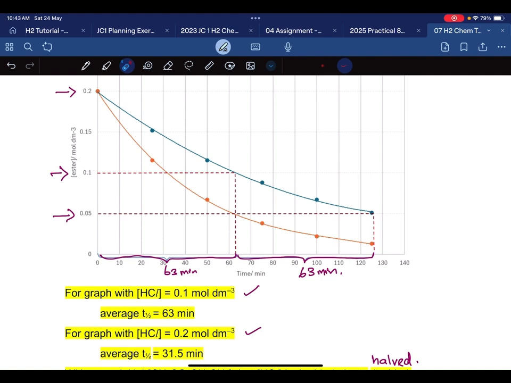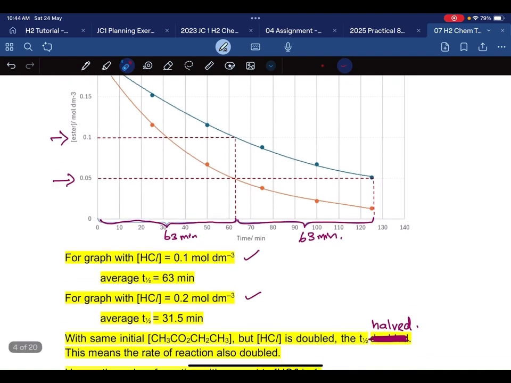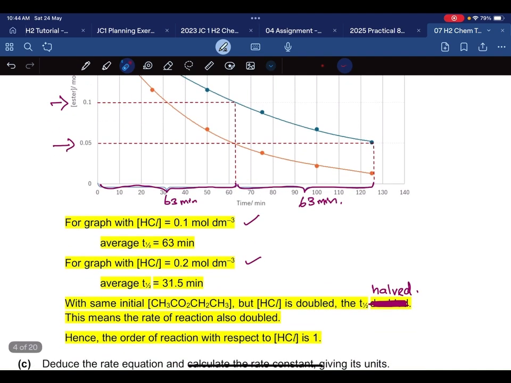Now, you can't just stop here. You have to explain how you observe from the data what is the order of reaction with respect to HCl. So with the same initial concentration of the ester, our concentration of HCl is double when we compare the two graphs. And when the concentration is double, T half is half.